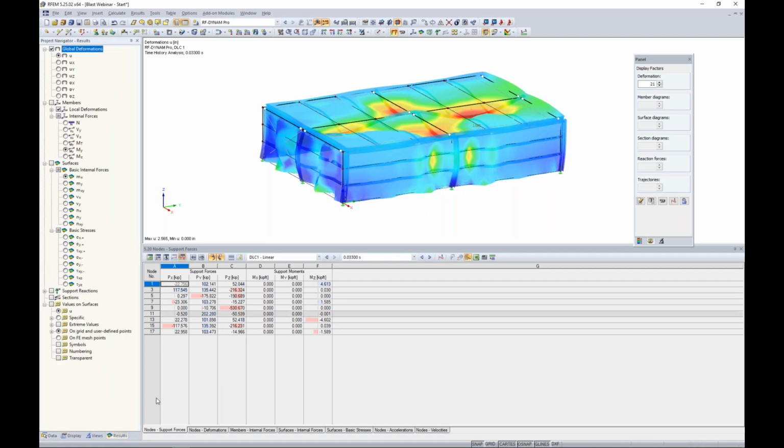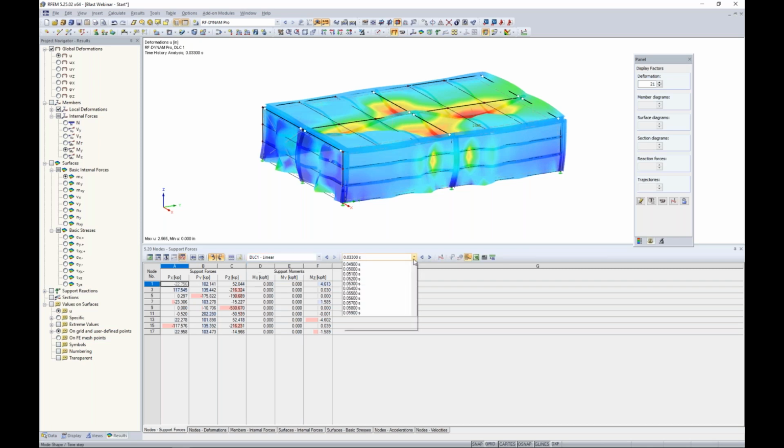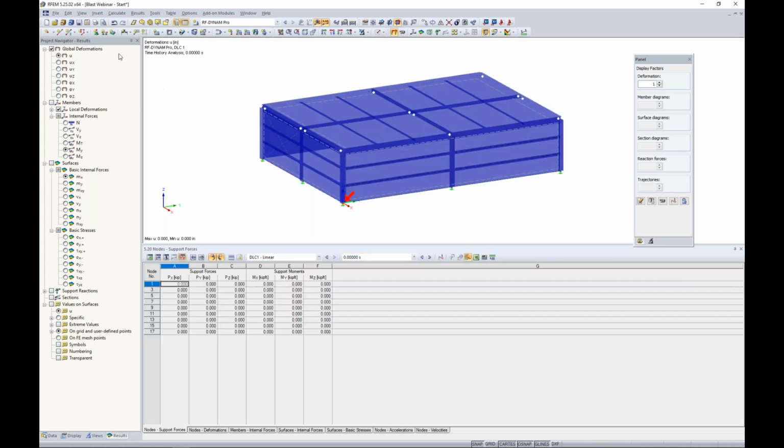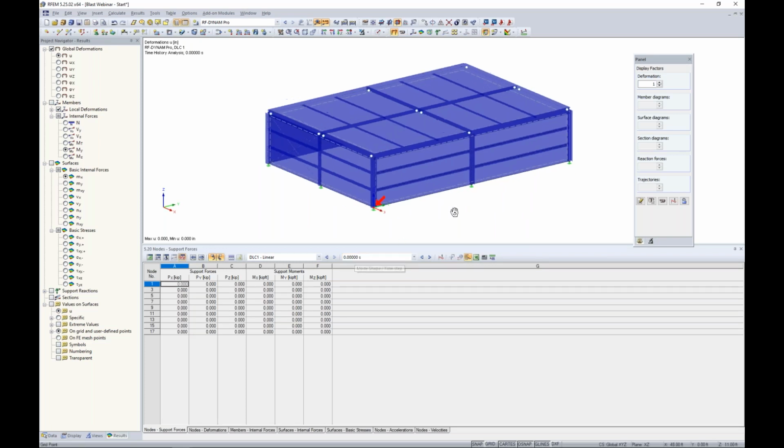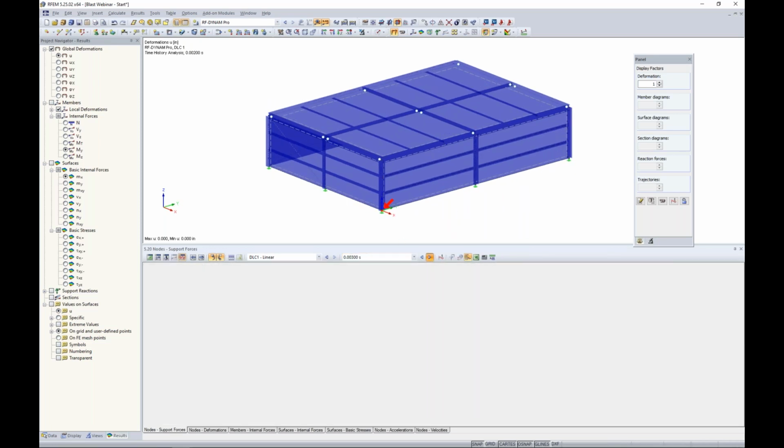We're technically still within this add-on module, RF-DYNAM Pro. We go to table 5 here. Under my drop-down, I have my natural vibration case, but now we have our dynamic load case as well. Right next to that are all of our saved time steps. So if we're looking currently at the global deformation here, and we have time step 0, we can actually scroll through these.